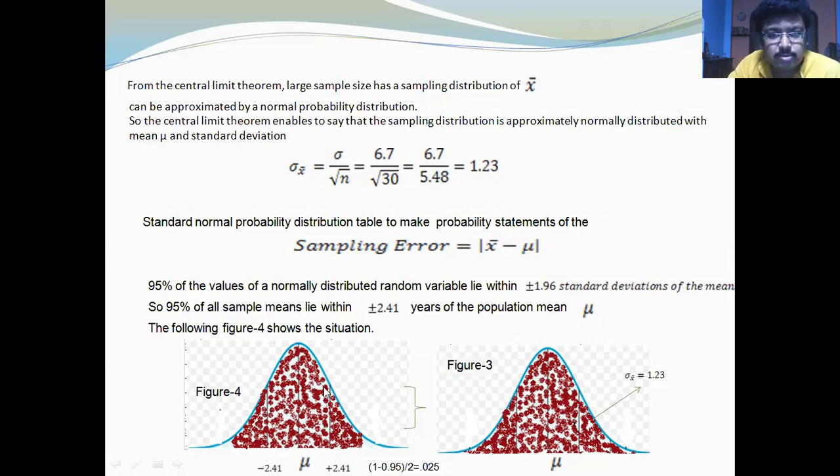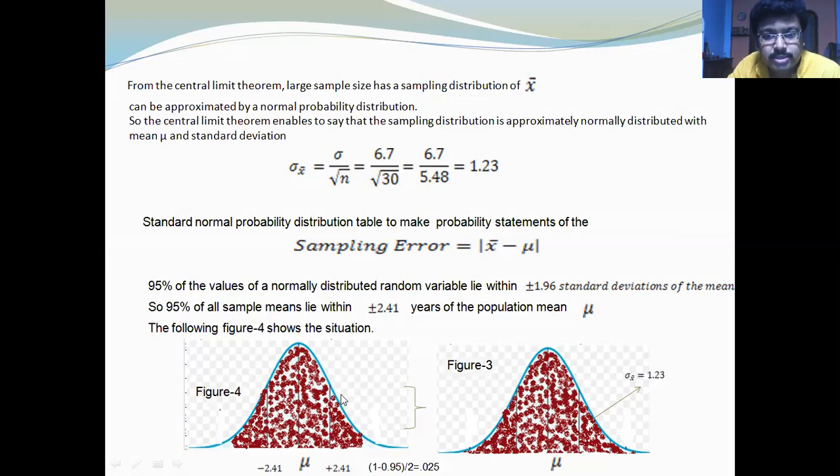as per the normal distribution table, you can find that 95% of the values of a normally distributed random variable lie within plus or minus 1.96 standard deviations of the mean.